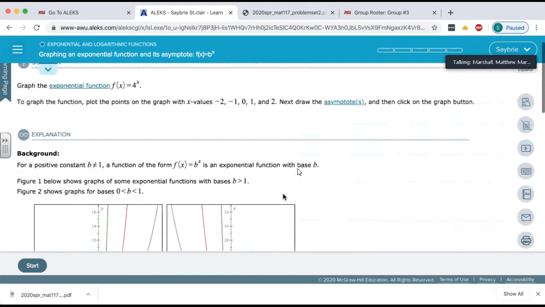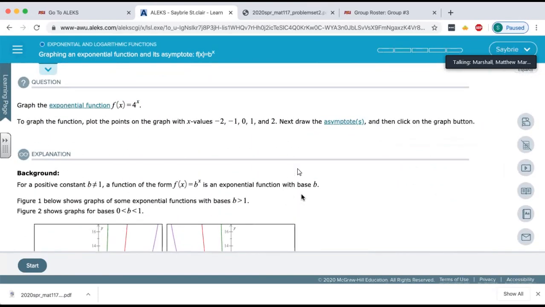Going back to those asymptote problems, let's see, okay, let's go back. Sorry.